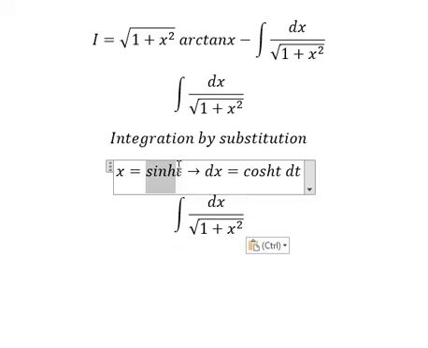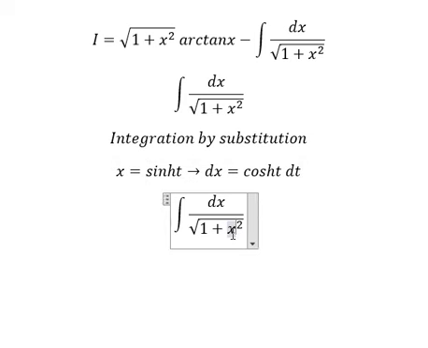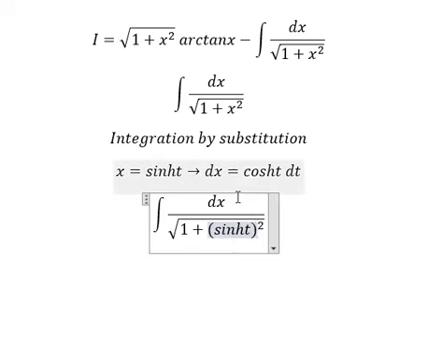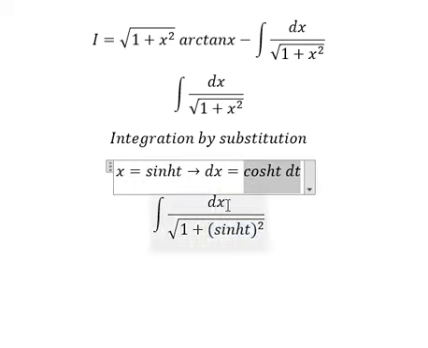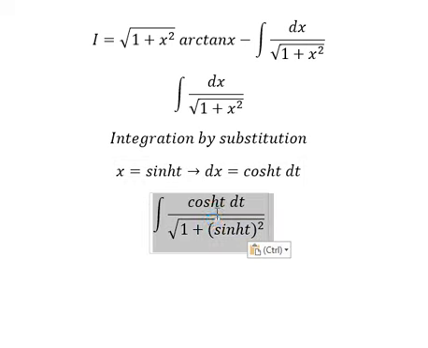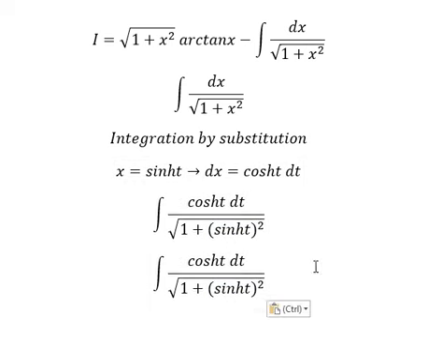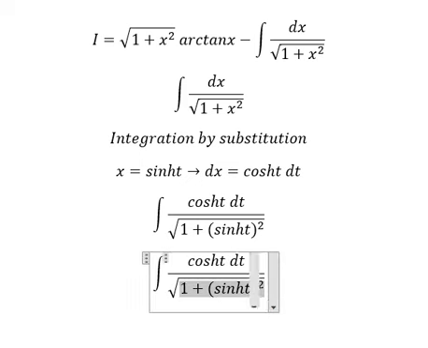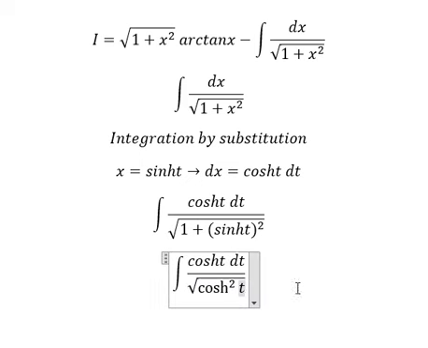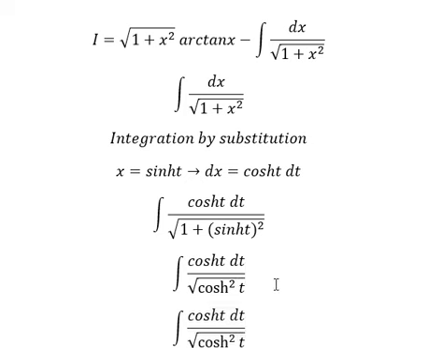So I will put this one here, dx we change by this one. So 1 plus sin squared t, we have cos squared t. The square root of this one we have cos t.